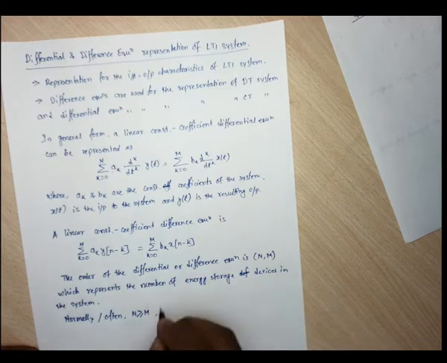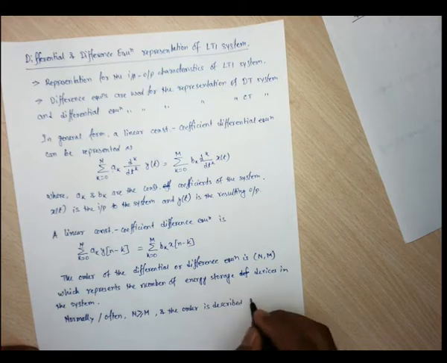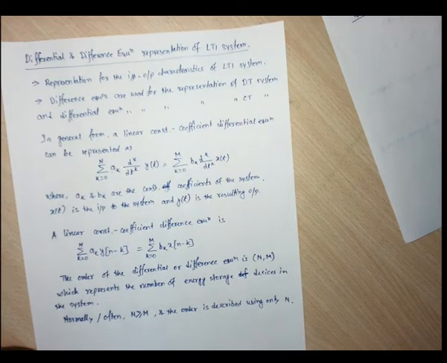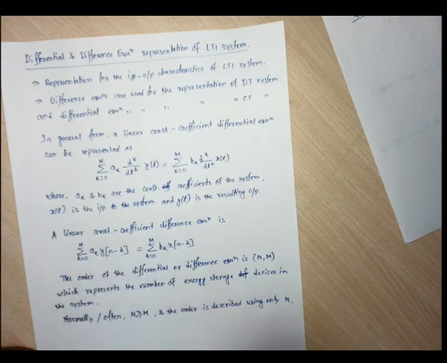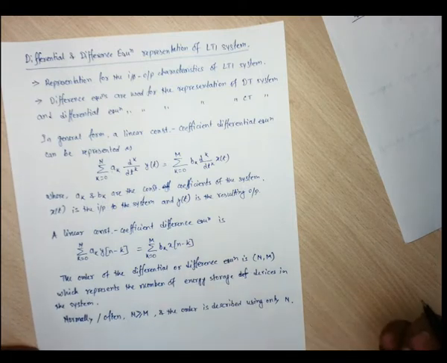And the order is described using only N. So what is this N? N is the order related to the output, meaning how many energy storage devices have been connected in the output of that system, and this M relates to the input.